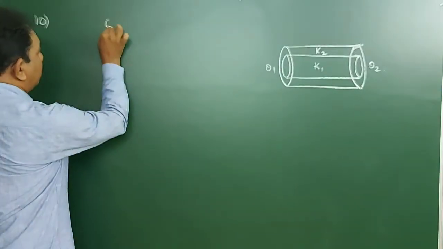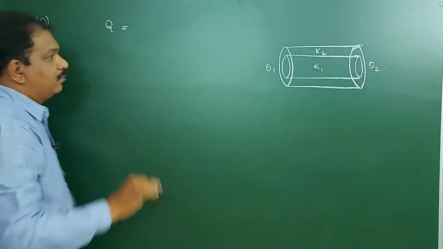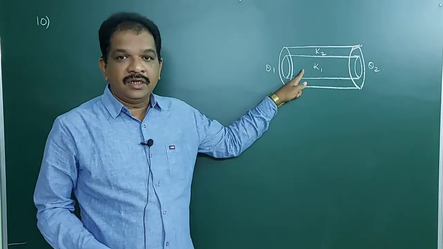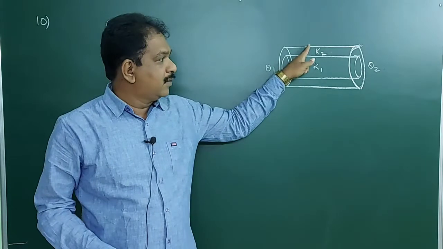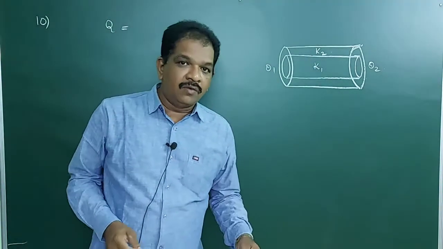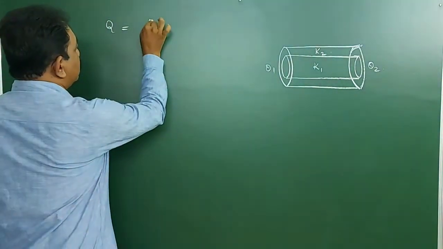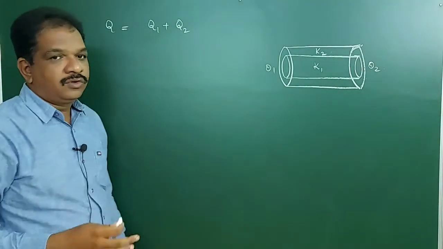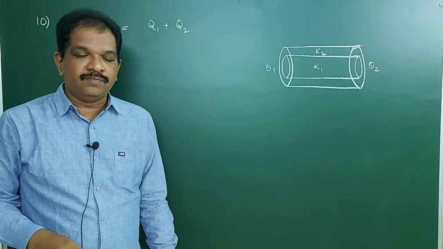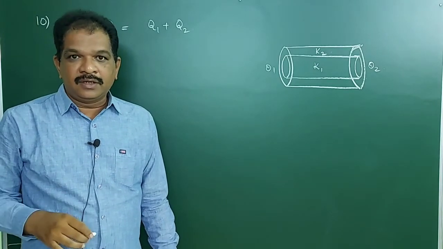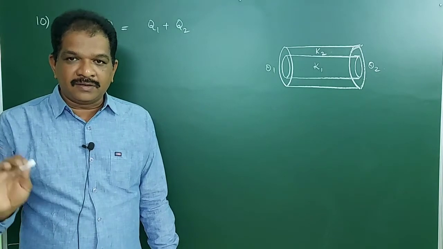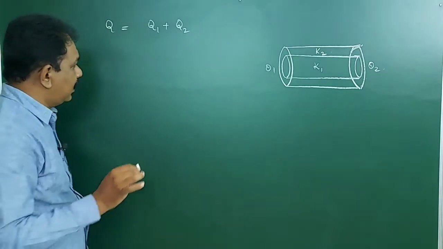In that total heat, some amount will flow through the inner cylinder, some through the outer cylinder. So, this will be Q1 plus Q2. Q by t is also the same. Here, Q by t value will be KA(theta 1 minus theta 2) by L.